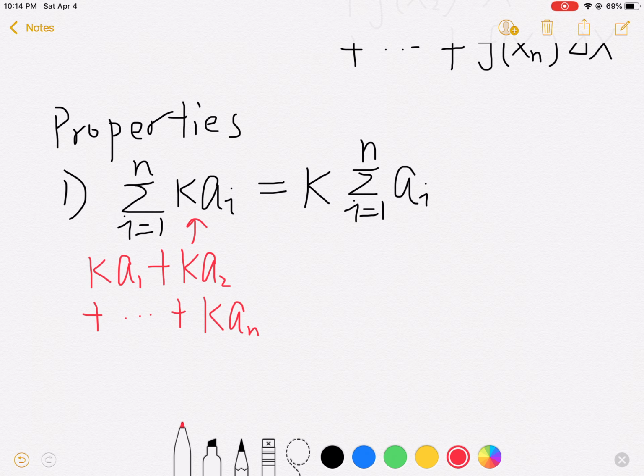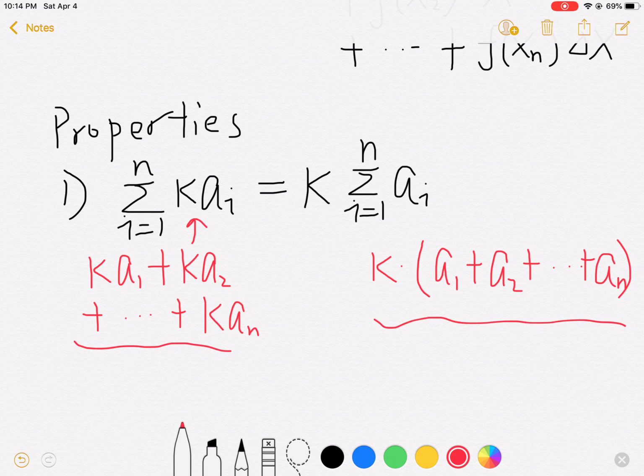The right side means k times the parentheses. We use the parentheses to denote the sum. So this would be i equals 1, a sub 1, plus a sub 2, plus, i equals n, which is a sub n. You can see these two are the same. We just factor out this k from the left side; this is a common factor you can take out.